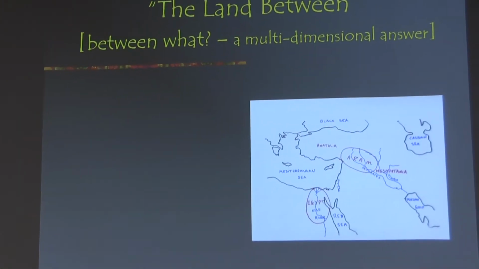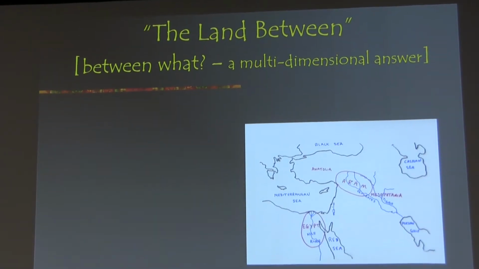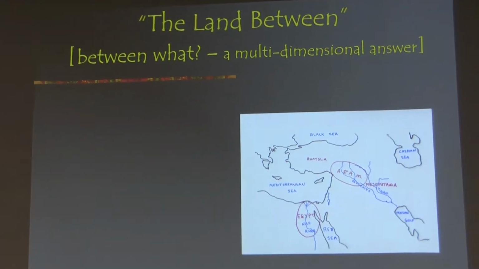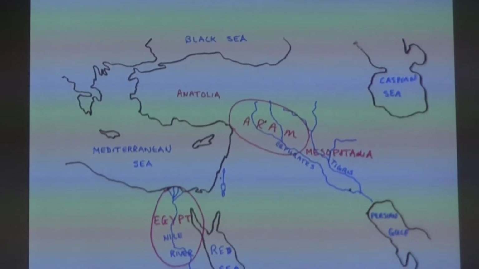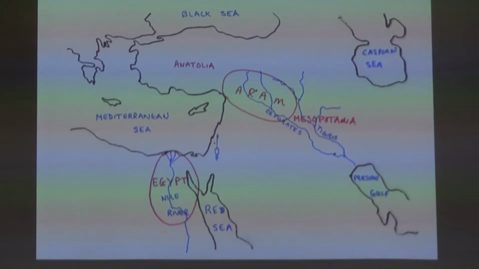Well, of course, the term land between has to make you ask, all right, between what? And that's going to be an important thing to focus on. This is a very rough map. It's a sketch. It's a schematic. It's left out all those wonderful things that you saw on the first map. But it's going to help us a little bit to unpack what we mean when we say the land between, because there's a number of different factors that come into this.